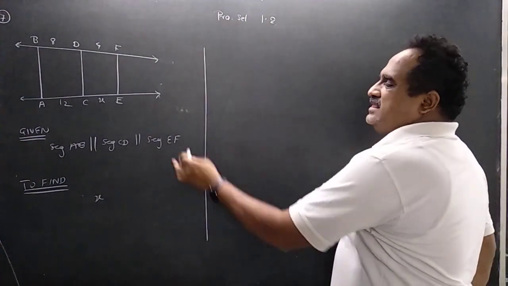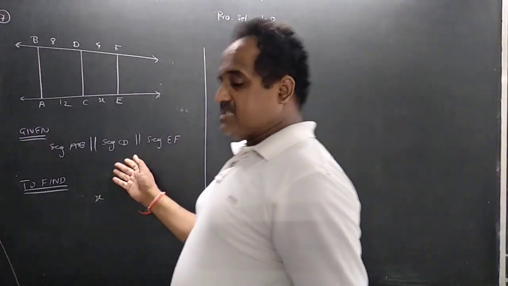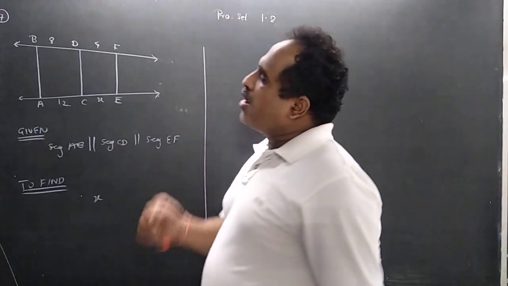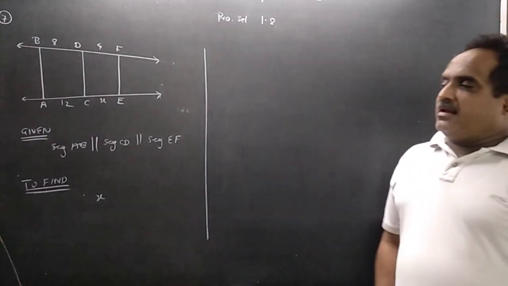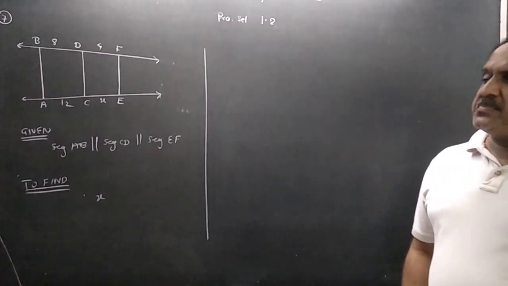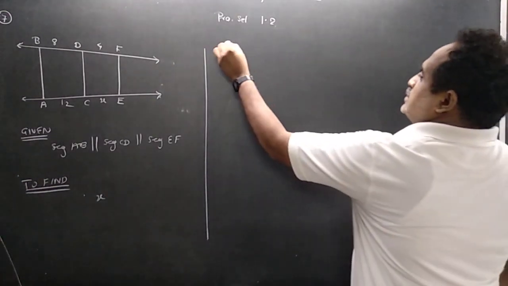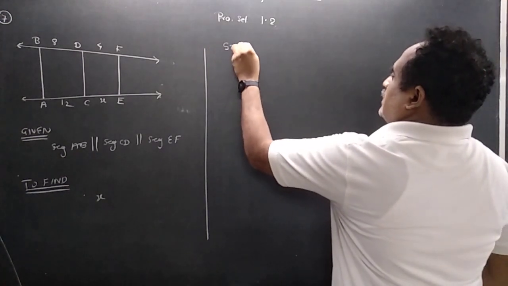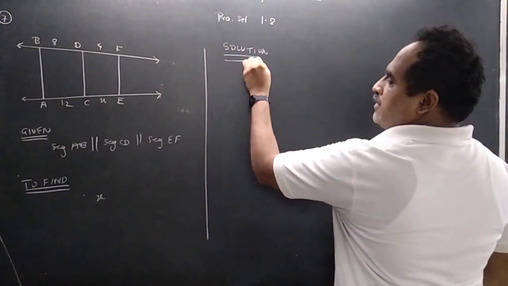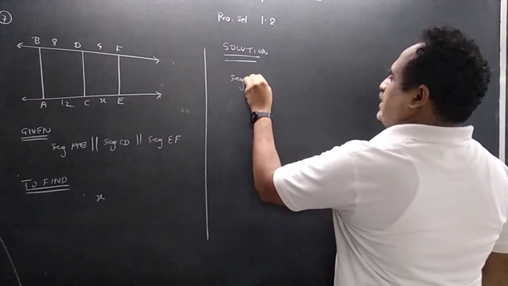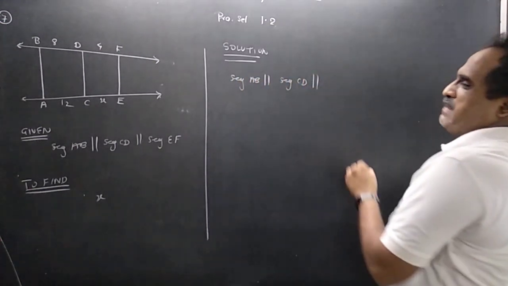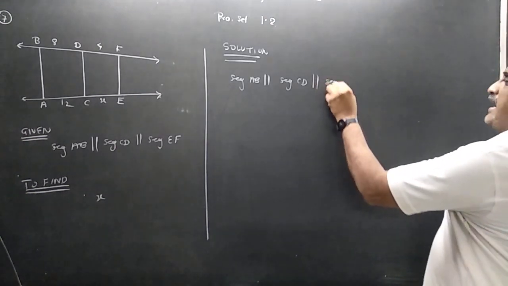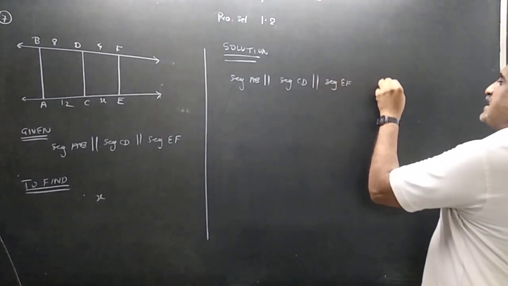So see, when these three segments are parallel, we have only one property, the property of three parallel lines and their transversals. So solution: segment AB is parallel to segment CD is parallel to segment EF. This one is given.